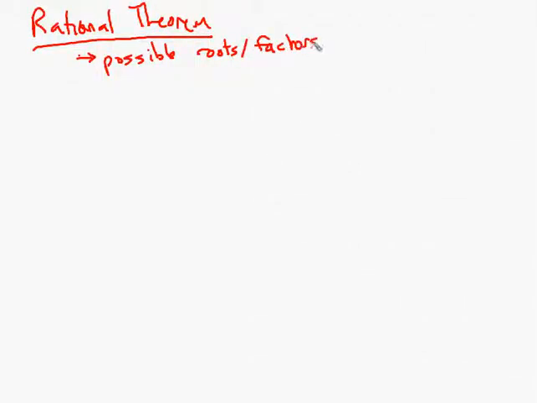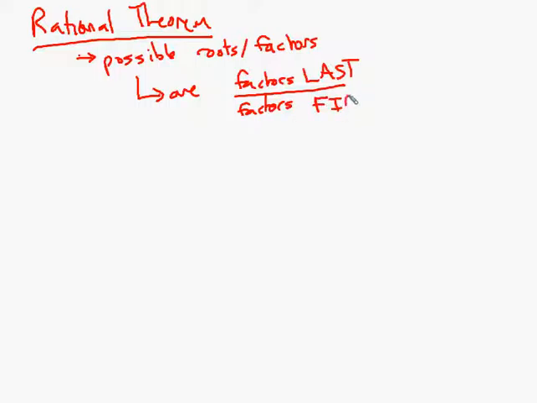And what this is going to say is that the possibles are the factors of the last term over the factors of the first term. Those are the ones that I could test. And sometimes in your book, in your homework for this section, all you're asked to do is list the possibles. You don't even have to do anything except list them.